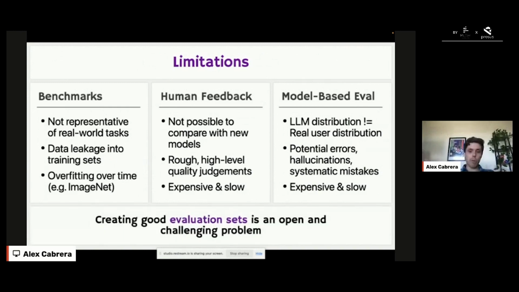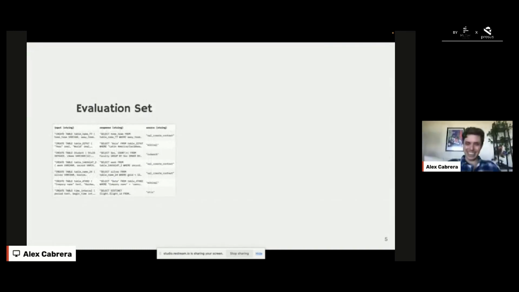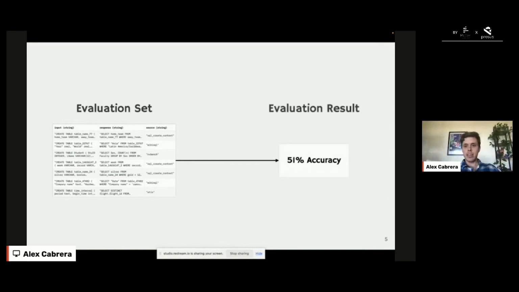So there are a ton of open questions designing these evaluation sets. But that's not really what I'm talking about today, interestingly enough. I think there's a parallel side of evaluation that isn't as deeply explored. Given that you have some evaluation set, whether it's a benchmark or you gather a bunch of user data or generated it with LLMs, there are the actual results that you report and use to make decisions or to update your model.